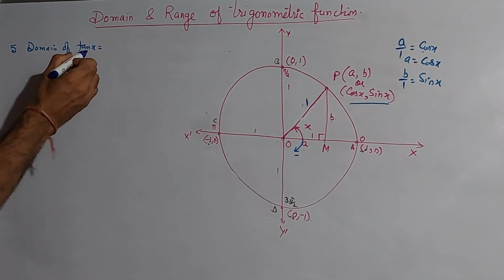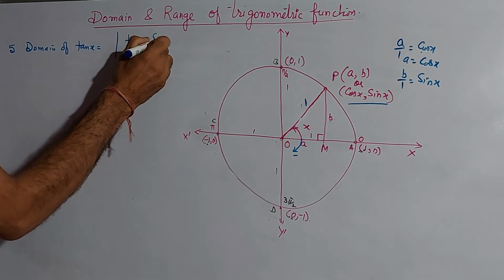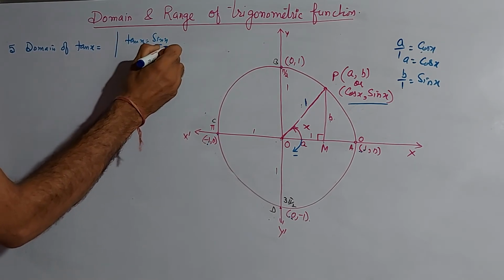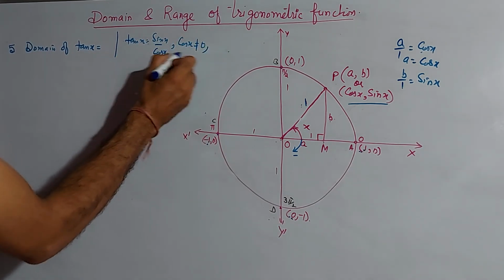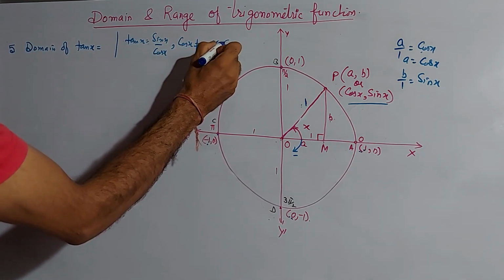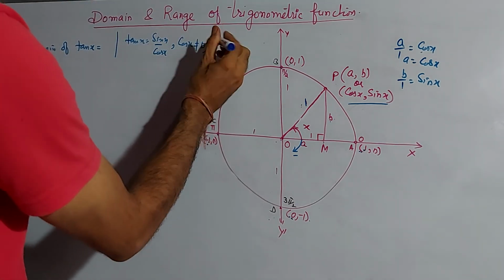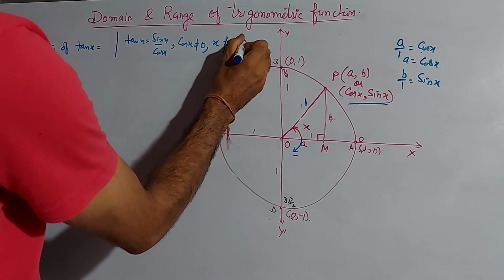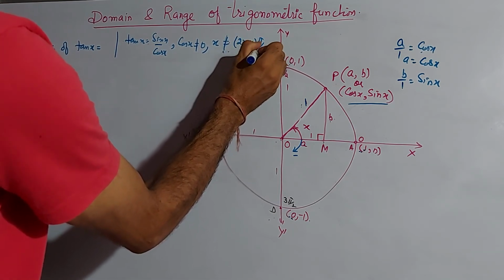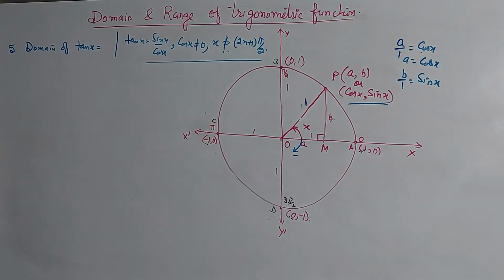Now we will see the domain of tan x. We know tan x is sine x upon cos x, and cos x should not be equal to 0, meaning x should not be equal to an odd multiple, (2n plus 1) into pi by 2. So this should be kept in mind.